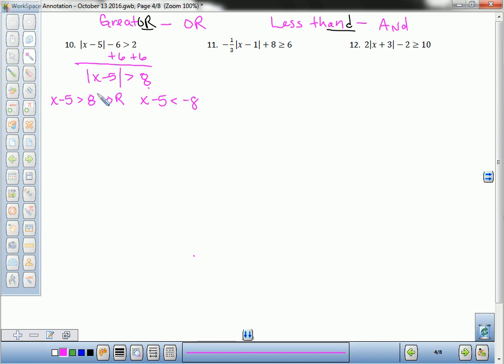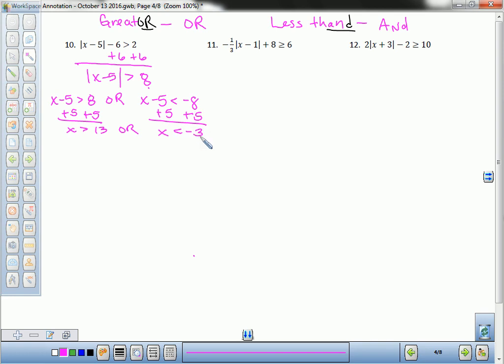Okay, so these are our 2 possibilities, and we solve them. We add 5 and we add 5 and we get x is greater than 13. And I said this is an or situation, and we'll see why in just a second. We add 5 and we add 5 because here we get x is less than -3.